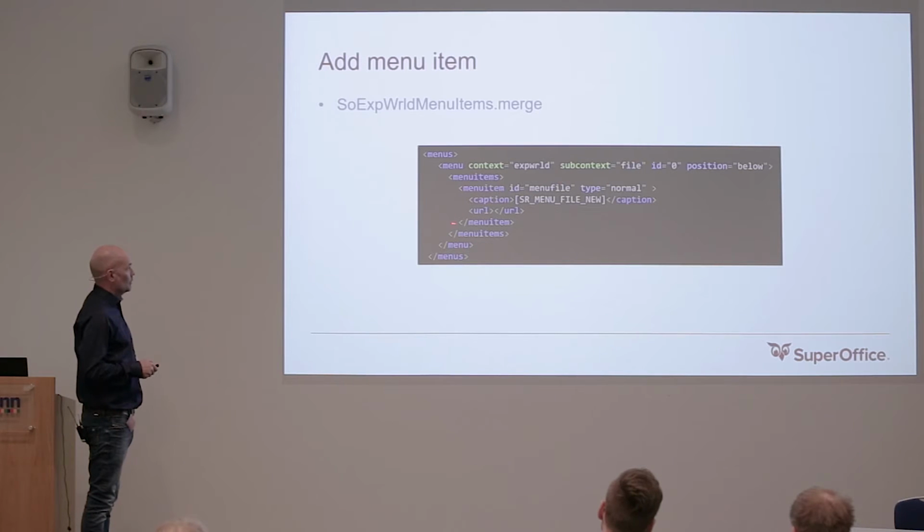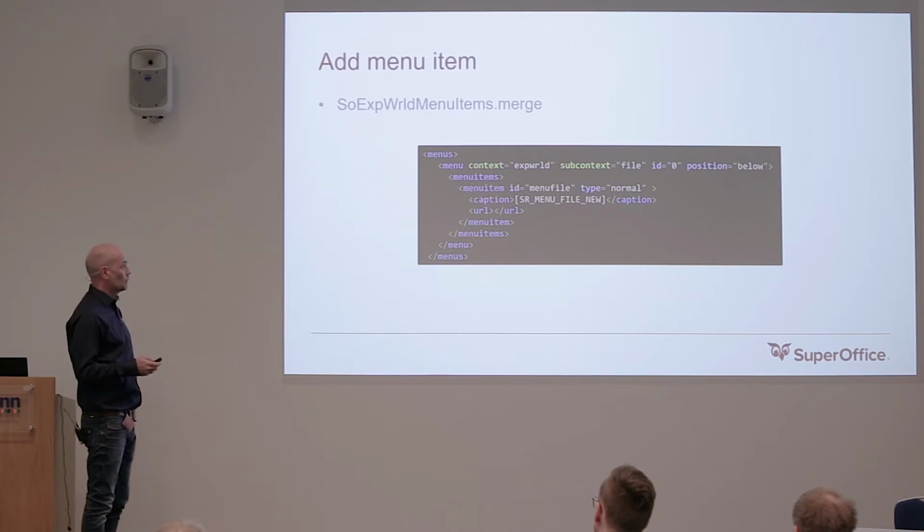So here you can add your own menu items. This is fairly complex. You should read more about the menu system because that's not easy to understand. And the menu configuration file is huge, so it's hard to find what you're looking for, I admit.